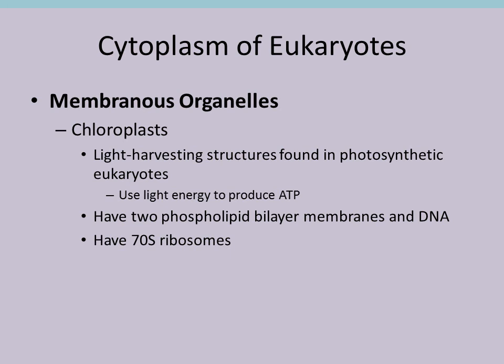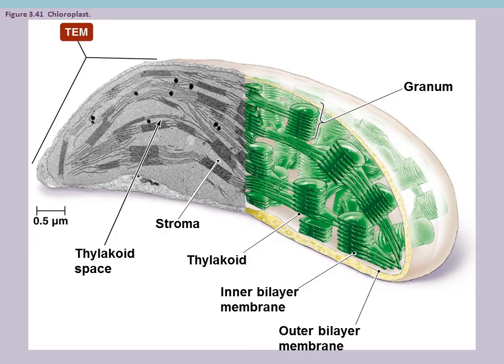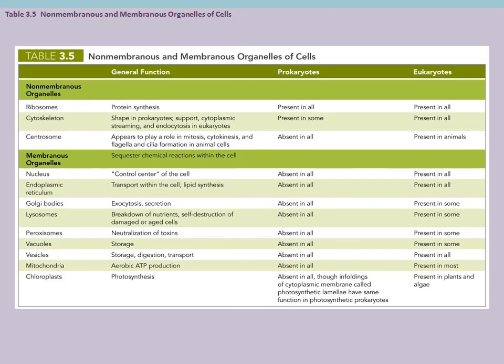It also has 70S ribosomes in it. And here you can see the relative structure of the chloroplast. And this table is a summary showing the comparison of prokaryotes and eukaryotes and the various organelles that are present in them.